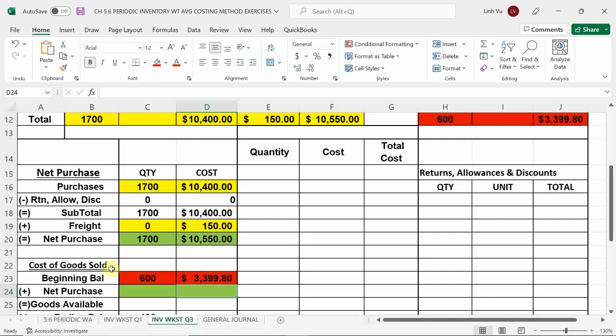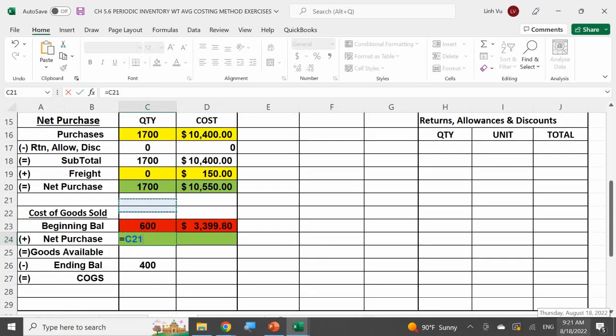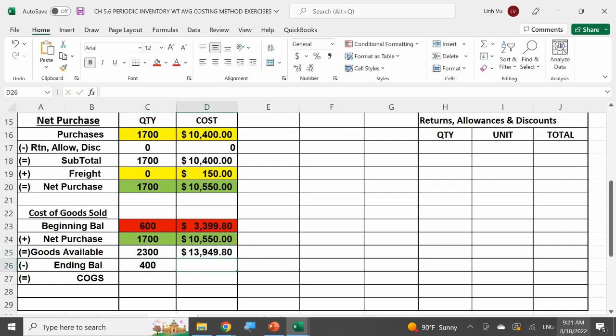And of course, we carry down our net purchases of 1,700 to give us our total grand available units: $13,949.80 with a grand total of 2,300 units available to sell.